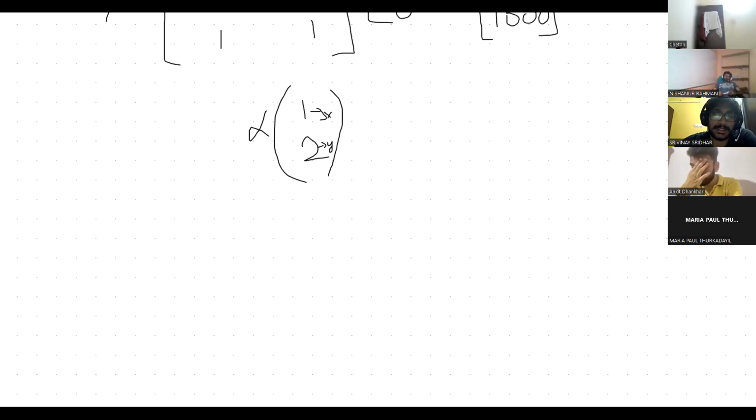If I look at the row space, the thing to consider is that the context in which we are using x and y is different from the one in which we are using the equations. Sorry, can you repeat that?